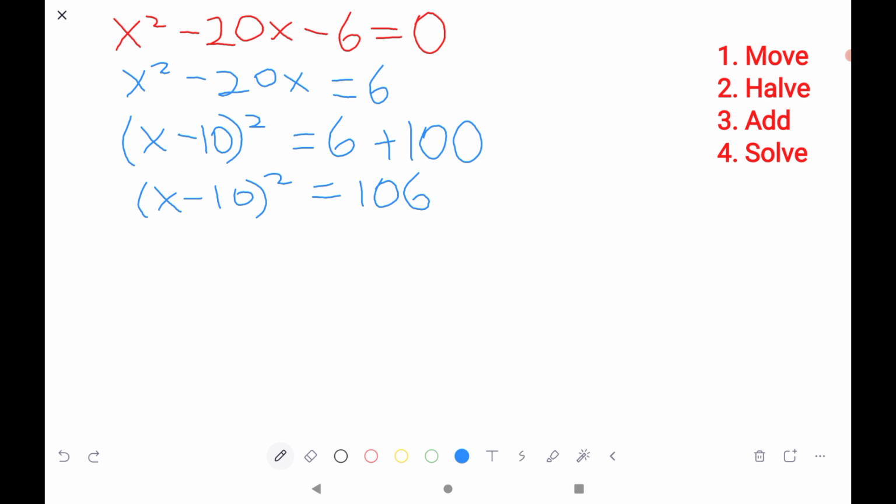Next, I want to take the square root of both sides. We need the plus or minus sign before the square root here to show that either positive root 106 or minus root 106 will satisfy the equation. And finally, we just need to move the negative 10 to the other side, so we're left with x by itself.